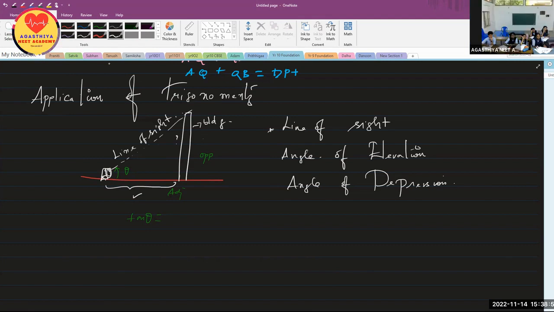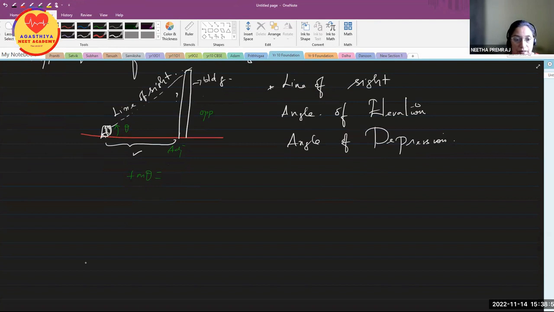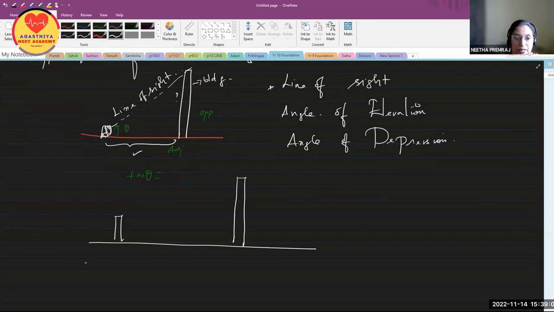Okay, that's it. And see here, there is a small building, here there is a tower, and there is a person here. He looks at the foot of the building and the top of the building.